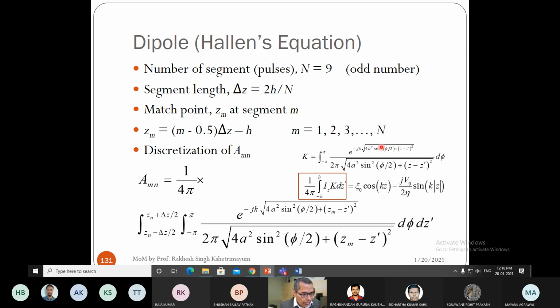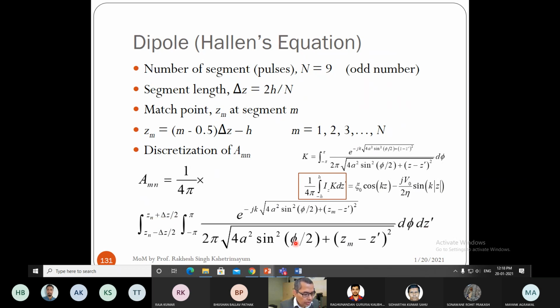So look at this expression here. The variable which depends on the observation point is Z here. Z dash is for the source. Z is for the observation. So when I consider the observation for the mth point, then this Z will become Zm. So Zm minus Z dash. Z dash is for the source, and the source is over the interval Zn minus delta Z by 2 to Zn plus delta Z by 2.